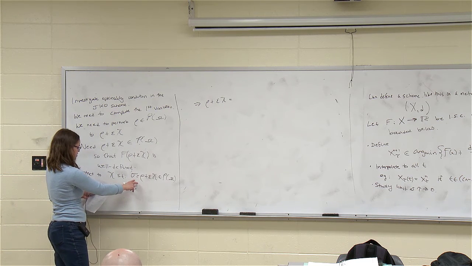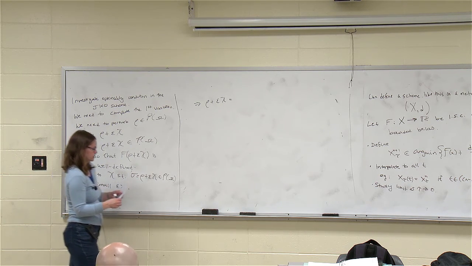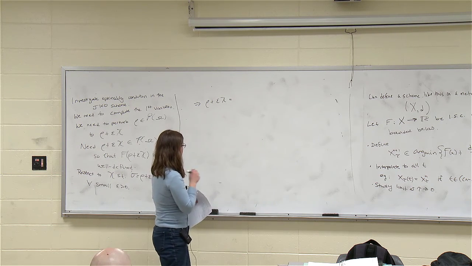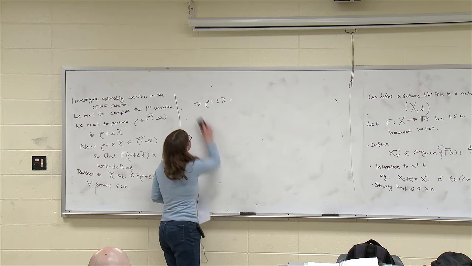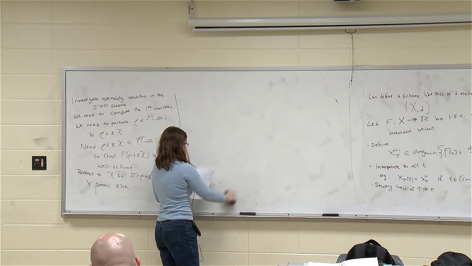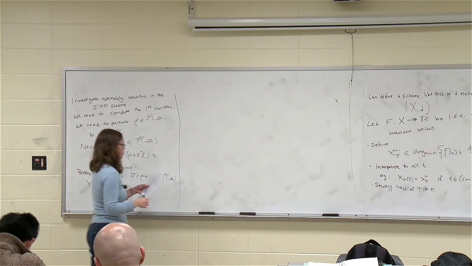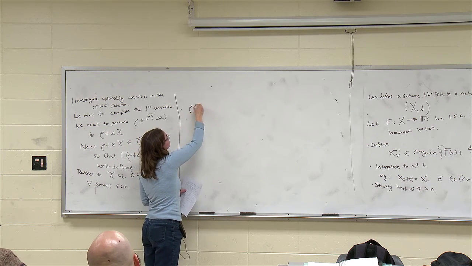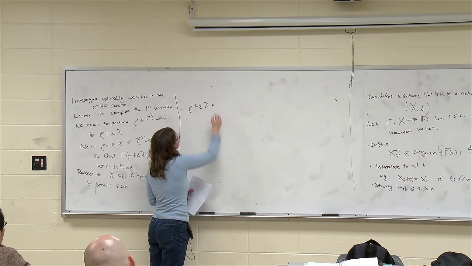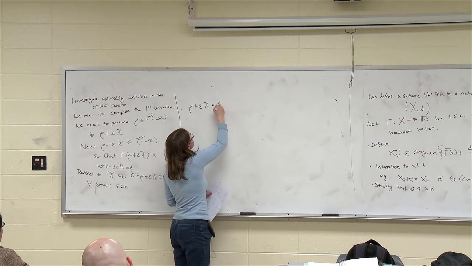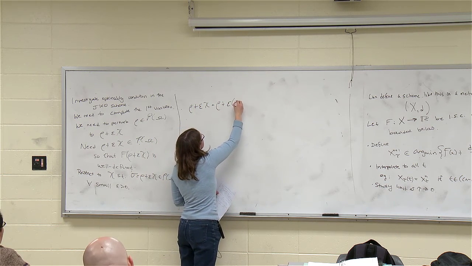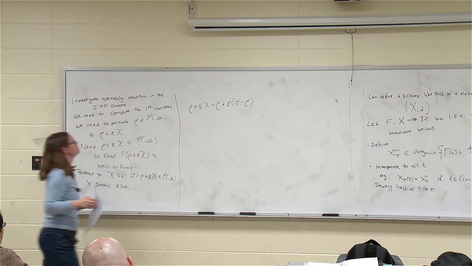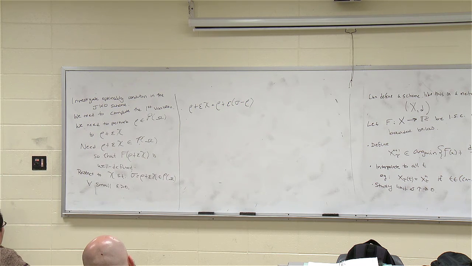Epsilon chi is sigma minus rho. Let's see, how do I want to write this? Maybe I'll say it like this. We want to look at perturbations of the form sigma minus rho.